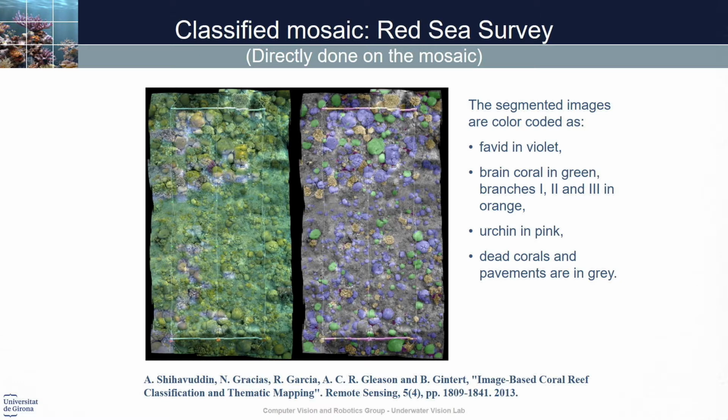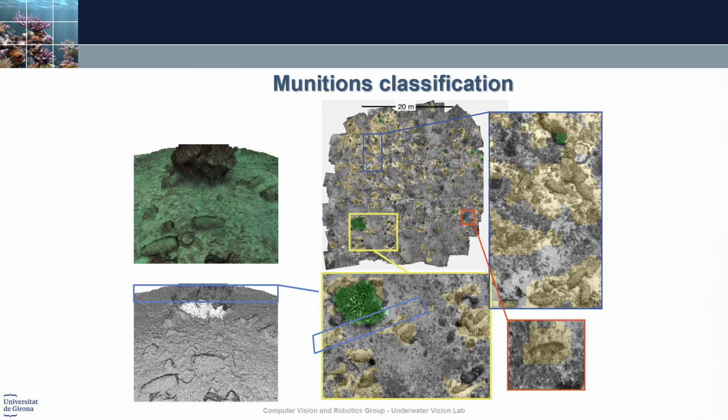Of course, we can do this with images in the Mid-Atlantic Ridge, but we can also do it with images like in this case of a coral reef, in which we classified the different corals in the photomosaic, or in this case in which we are applying classification of munitions, what are called UXOs.